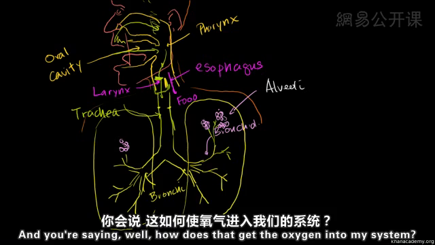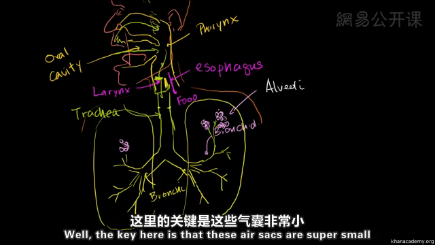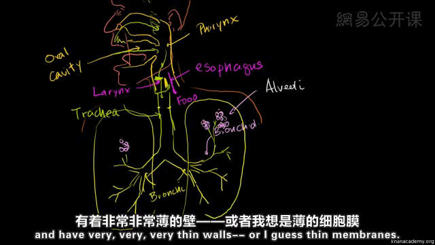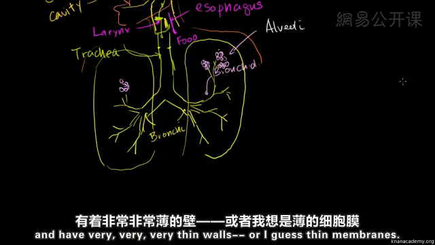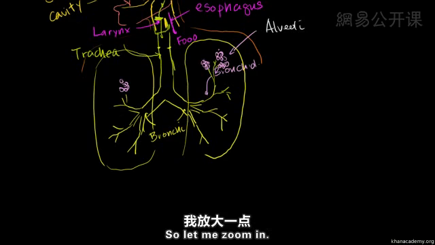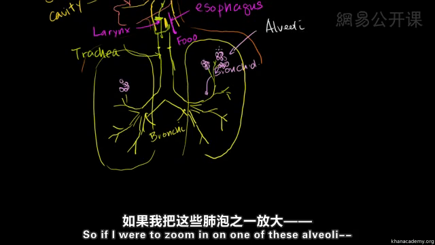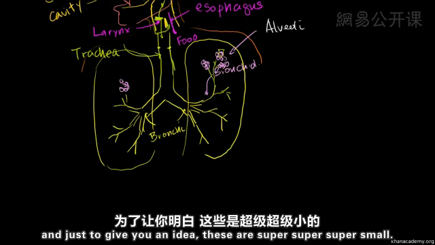And you're saying, well, how does that get the oxygen into my system? Well, the key here is that these air sacs are super small and have very, very thin walls, or I guess thin membranes. So let me zoom in. So if I were to zoom in on one of these alveoli, and just to give you an idea, these are super duper small.